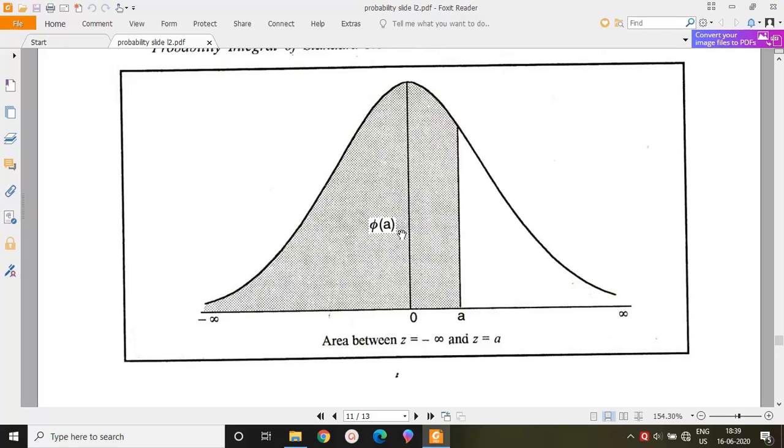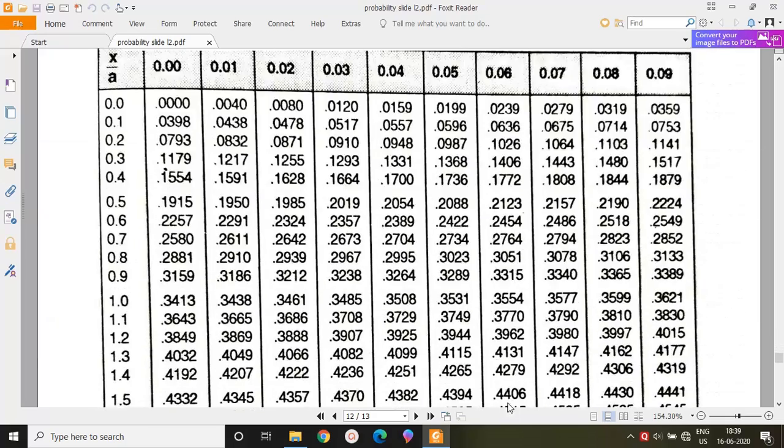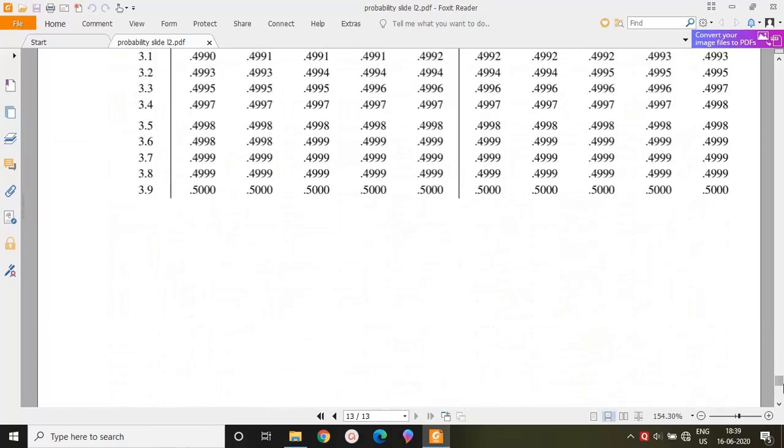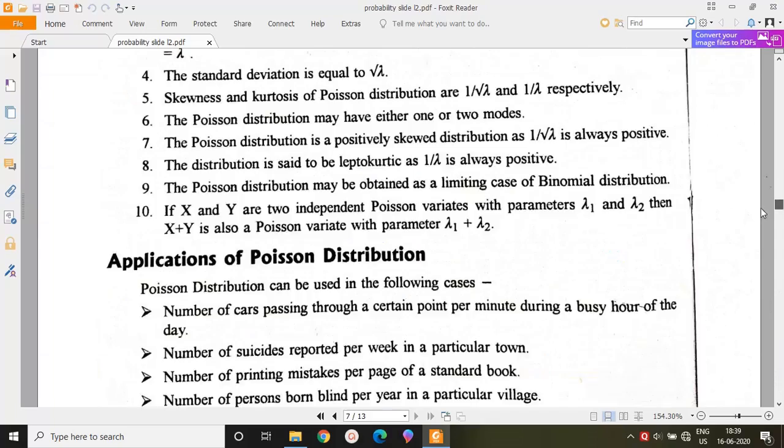More of finding this area I will show you in the next lecture, where we will discuss numerical problems. This is what we had today in our discussion.